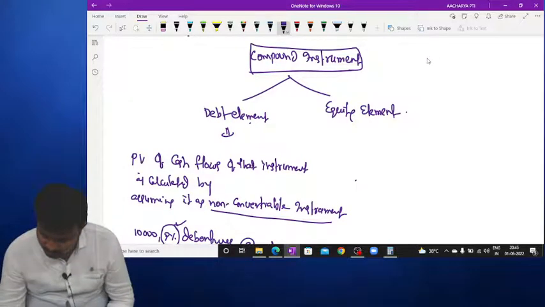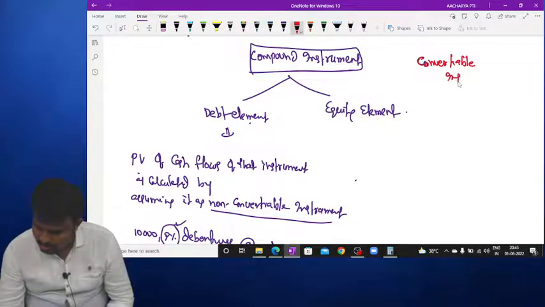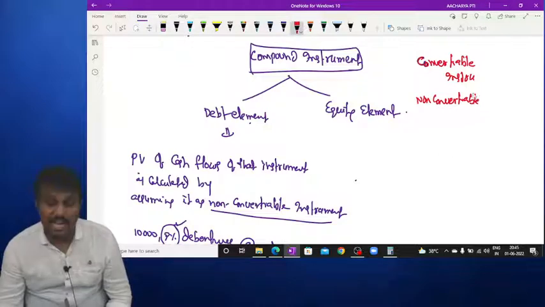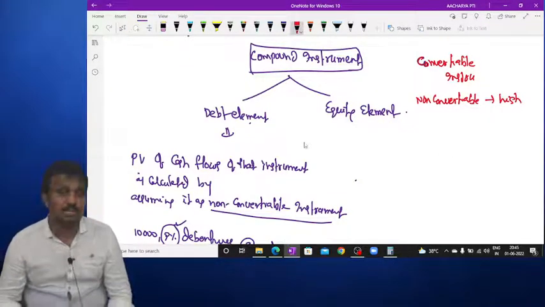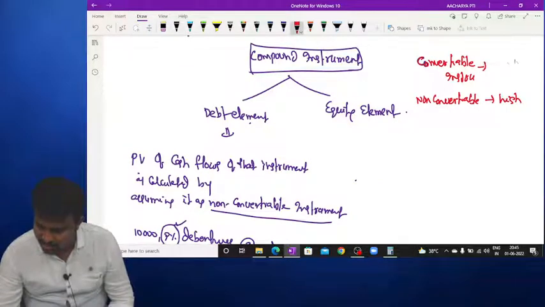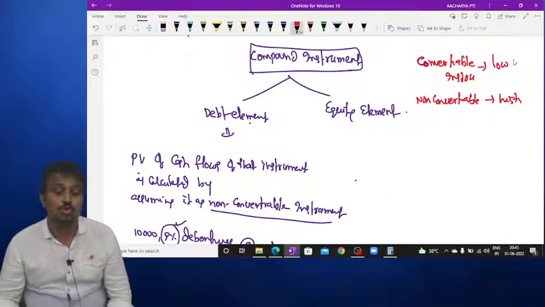So remember, between a convertible instrument and a non-convertible instrument, the non-convertible instrument has a high coupon rate and the convertible instrument has a low coupon rate.